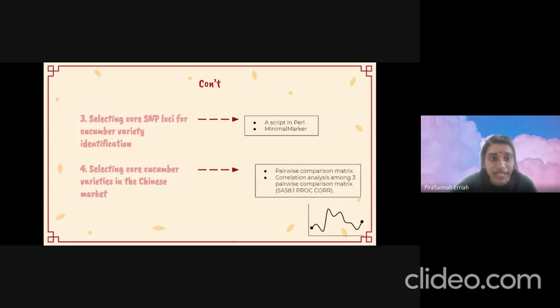And here, the analysis used is the pairwise comparison matrix. This pairwise comparison matrix is made by calculating the number of differential SNP genotypes between each pair of varieties, and the missing genotypes were treated as null.